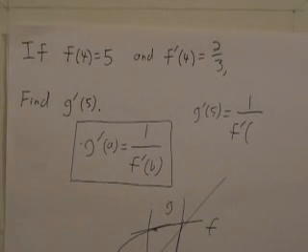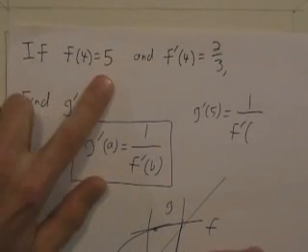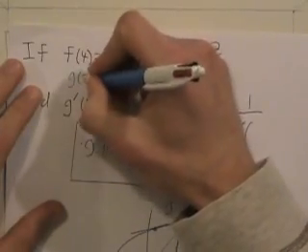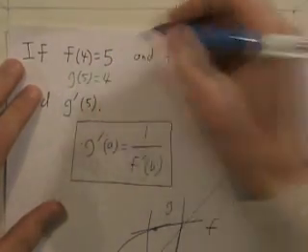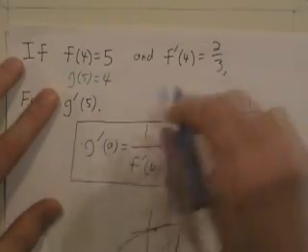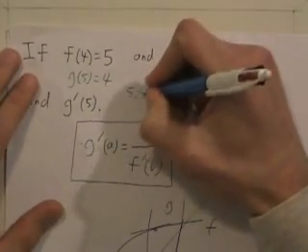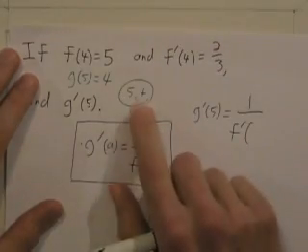But from the given information, they said that f of 4 is 5. Therefore, g of 5 must be 4. Hence, on g, there must be the point (5, 4). So the 4 is what we're after here.